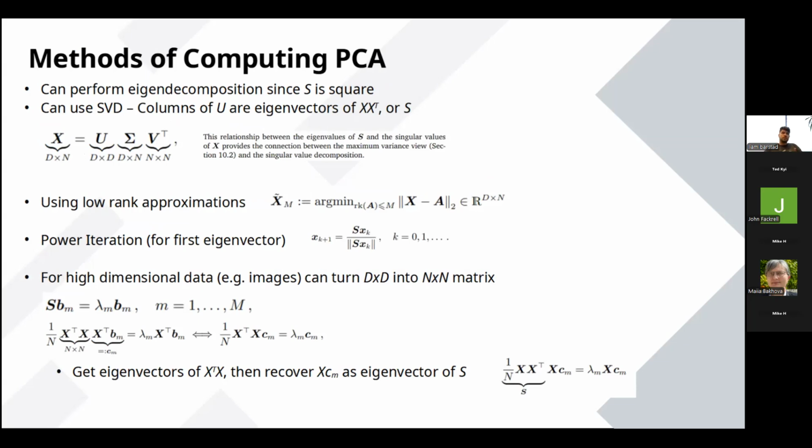We did some eigenvector calculations, I think it was chapter 4 or something like that. So it's pretty similar. Since S is a square matrix, you can actually just use eigendecomposition. You can also use SVD, right, which was chapter 6.